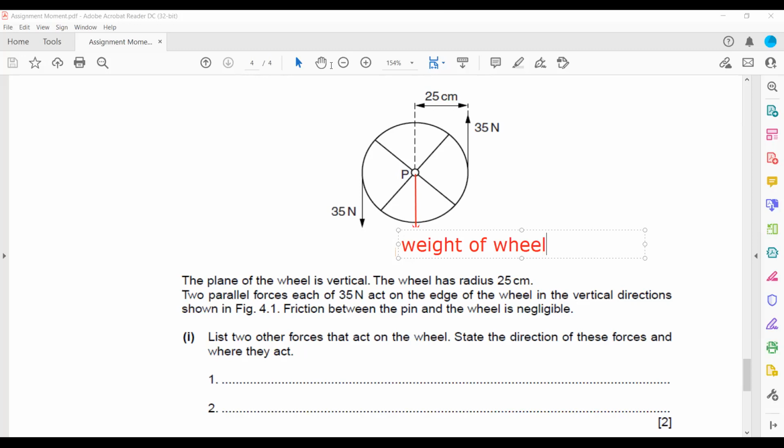There will be a force from the pin on the wheel, the normal contact force, which is vertically acting upwards.